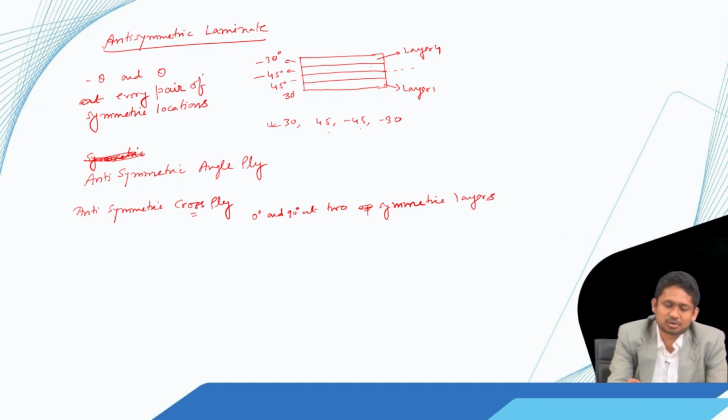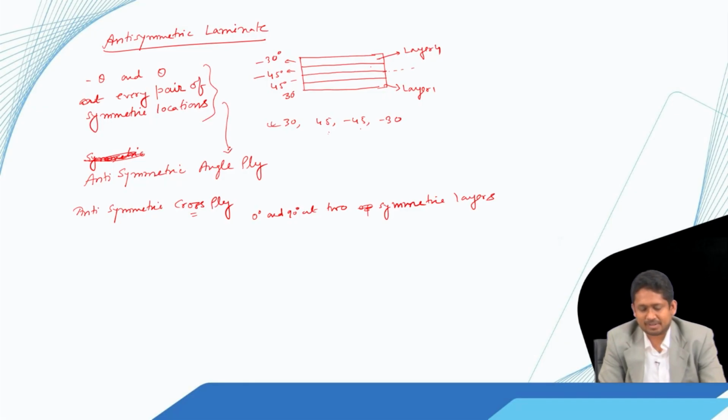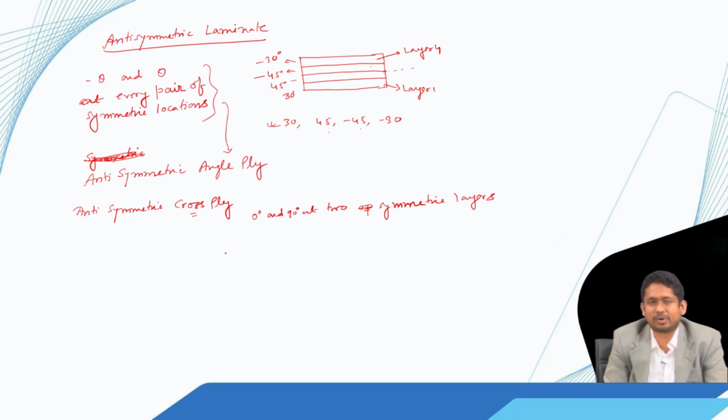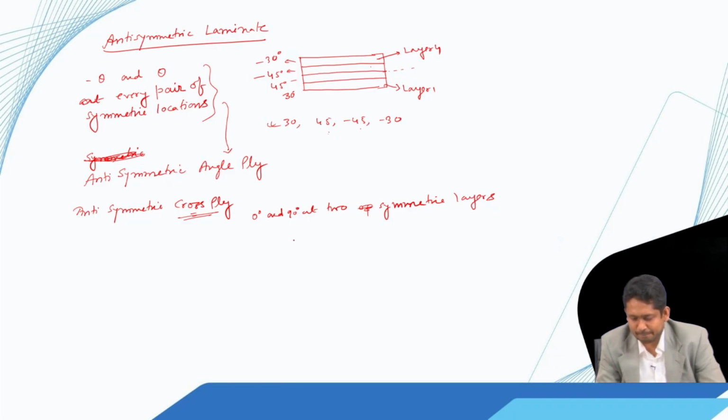Whatever we saw, theta and minus theta, that applies to angle ply, and in antisymmetric 0 and 90, there are only two possibilities in a cross ply laminate, either 0 or 90. So, those two are considered to be opposite of each other. So, again a laminate like this, so this is layer 1 and up to layer 4.